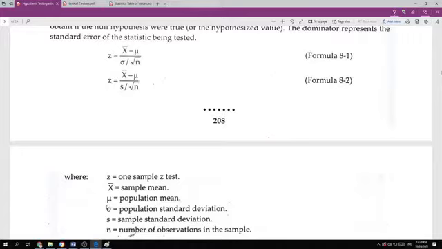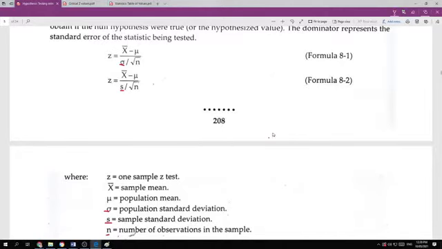The mu there, that's the letter U, that's the population mean. You have there the standard deviation of the population, this one over here, the sample standard deviation over here, and of course the number of observations in a sample.